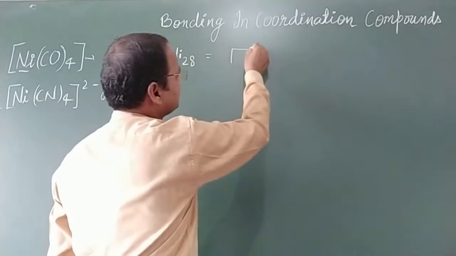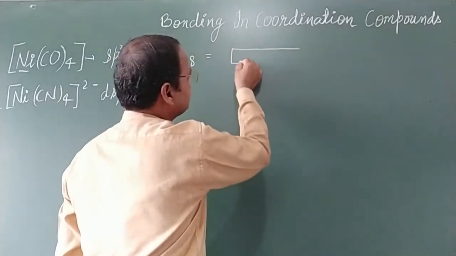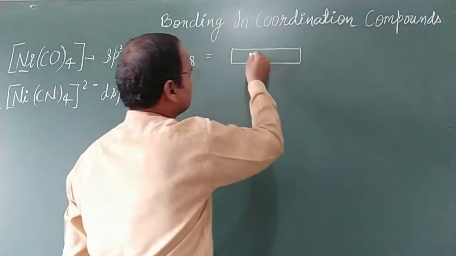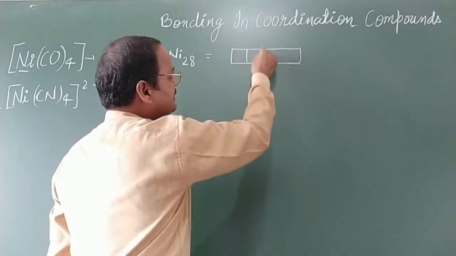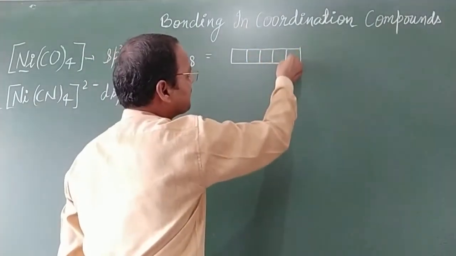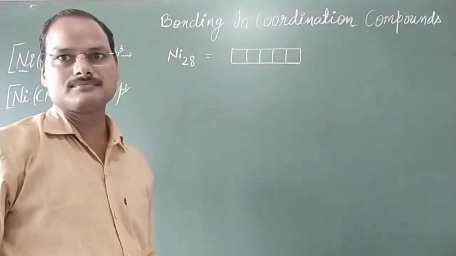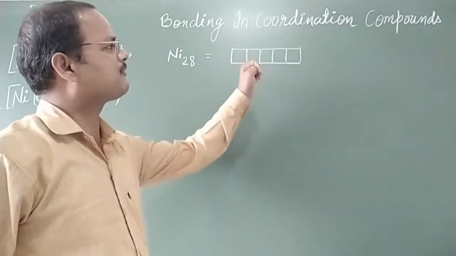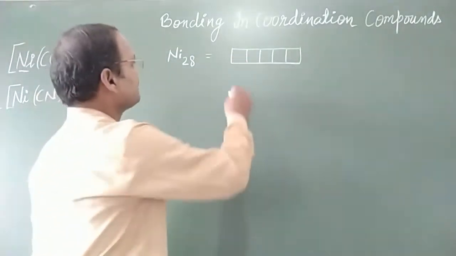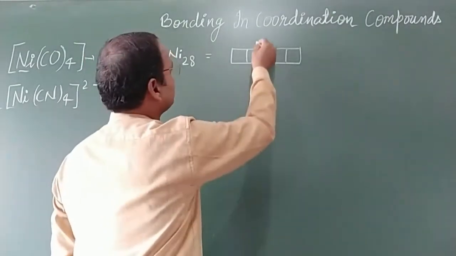See, first orbital is 3d in the outermost shell, and 3d subshell has 5 orbitals.